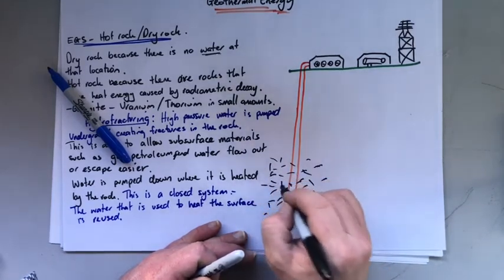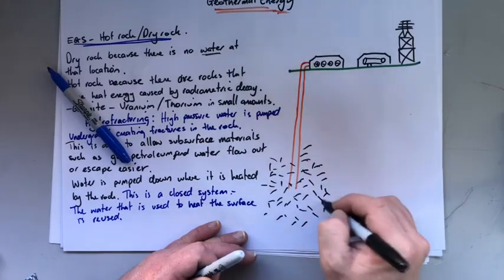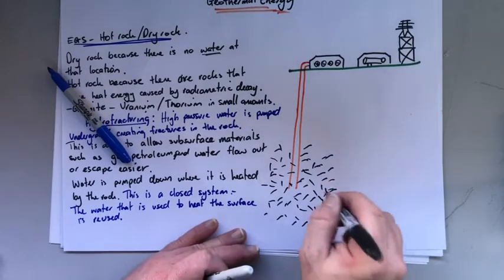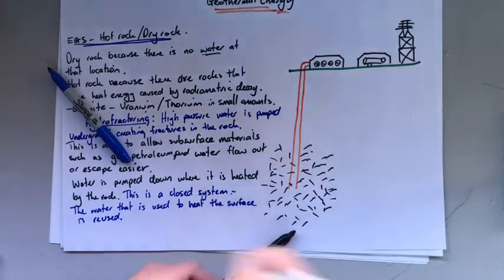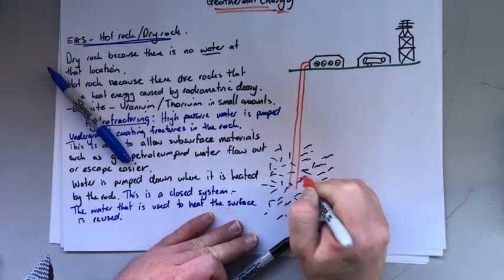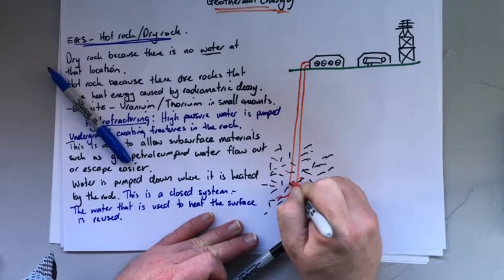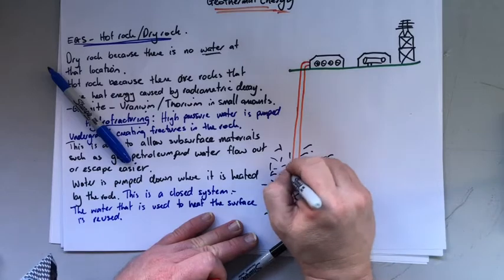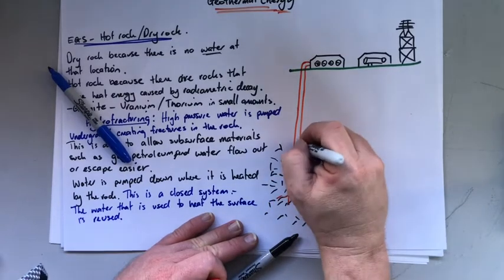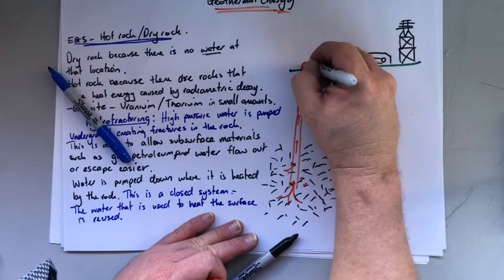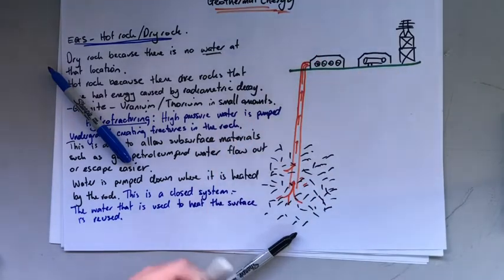What these fractures do is they allow water to seep into the hot rock, and it comes brought to the surface. However, I've not told you how the water gets there.